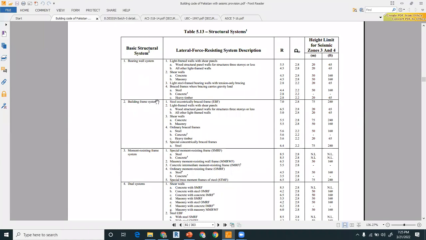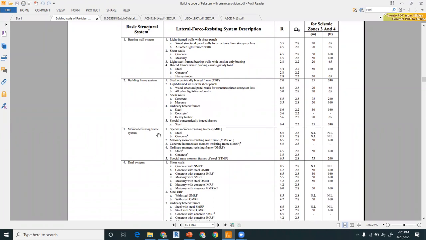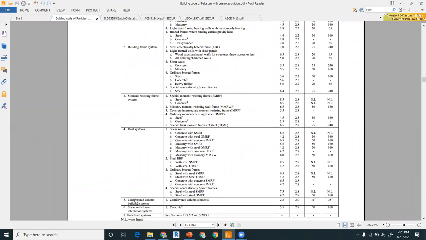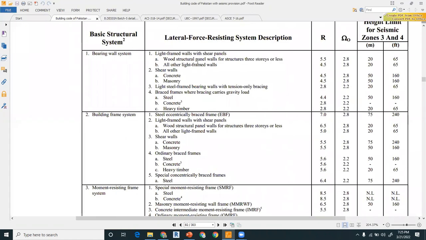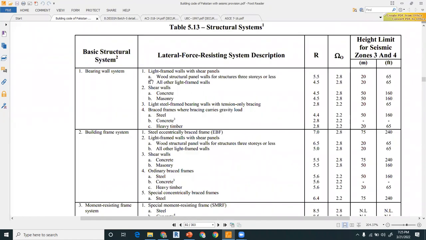The second is the building frame system, then the moment resisting frame system, the dual system, and the cantilever column system. Right? For example, if you are designing your structure as a bearing wall system, if it consists of shear walls made of brick masonry, you have to take the R value equal to 4.5, and this value is the strength reduction factor 2.8.